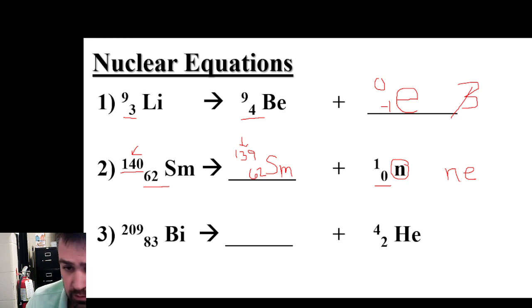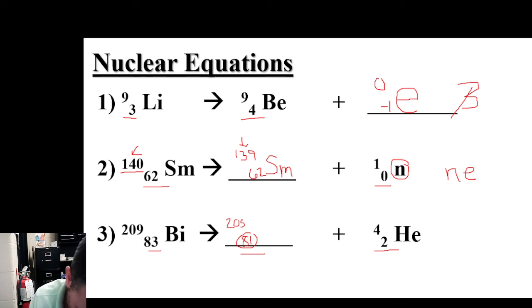At the bottom, I have bismuth 209, and so we need to figure out what this middle term is. Well, if I do the math, this number plus 4 has to equal 209, so this has to be 205, right? And then this number here has to be 83. This number plus 2 has to be 83, so this has to be 81.